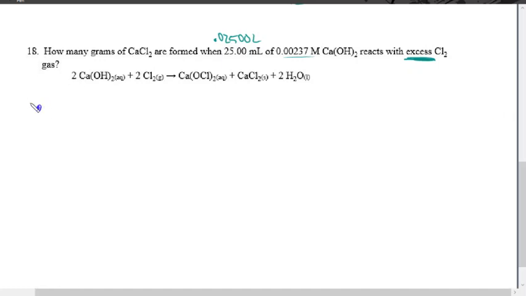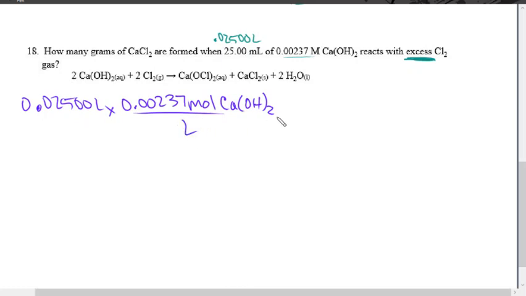So okay, 0.02500 liters times 0.00237 moles of CaOH2 per liter times, 2 moles CaOH2, whoops, will give me, what are we going to?